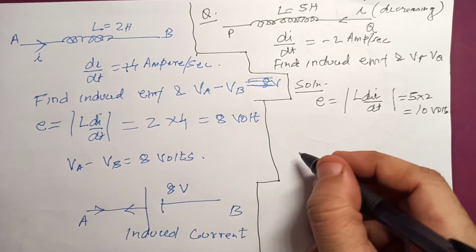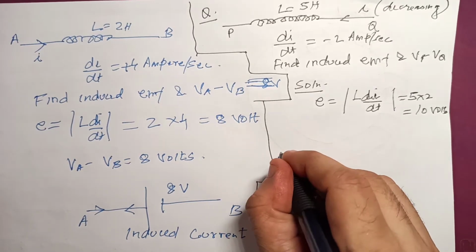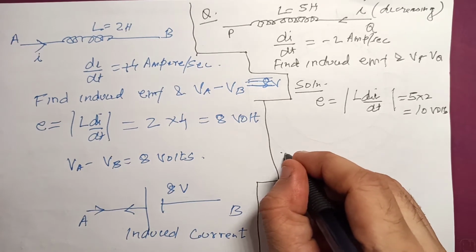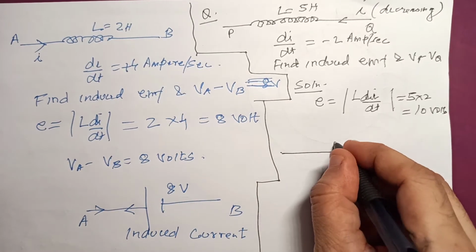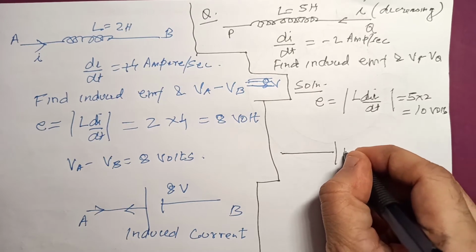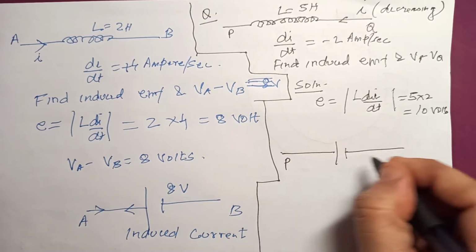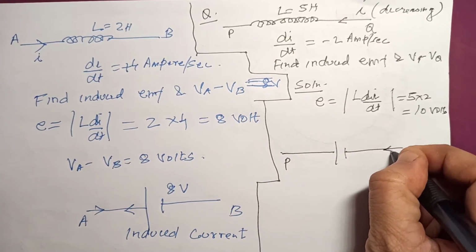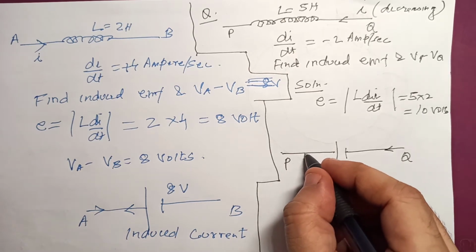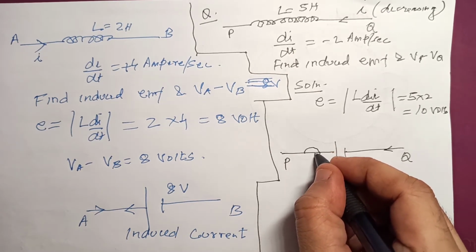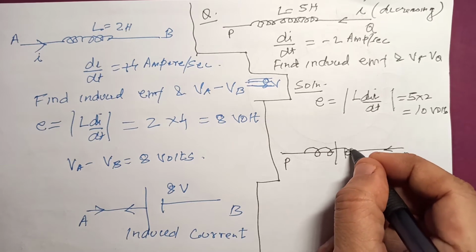Now this whole thing can be written in this fashion. This is P, this is Q, and this basically is the coil which is behaving like a battery now.